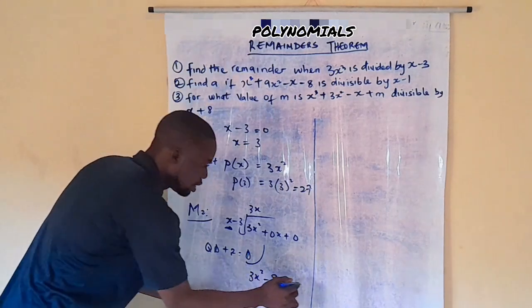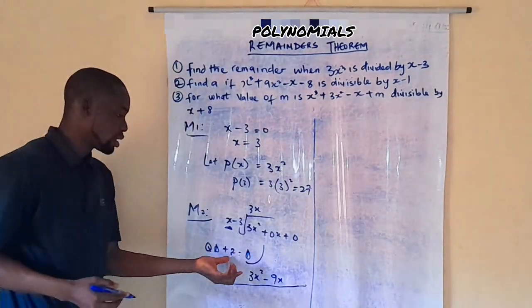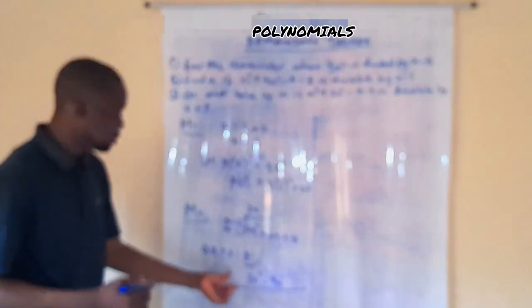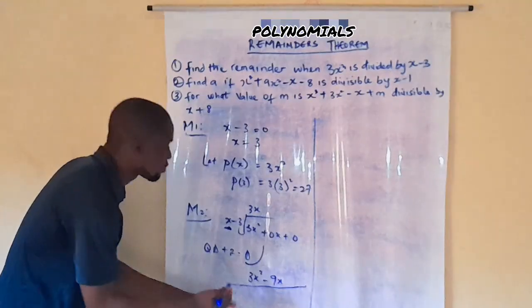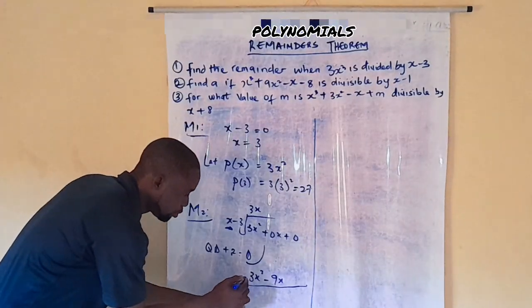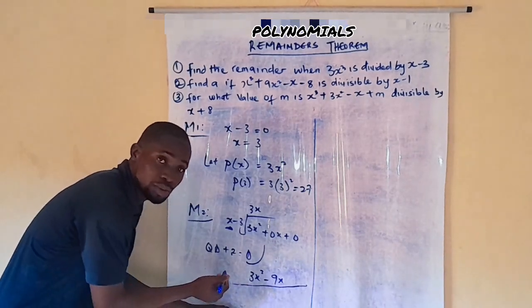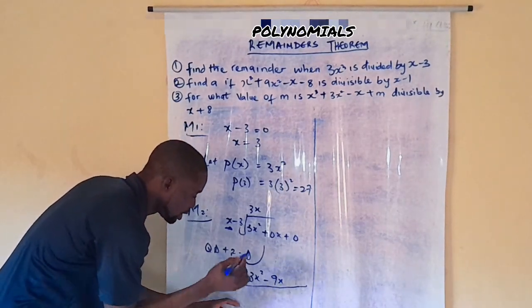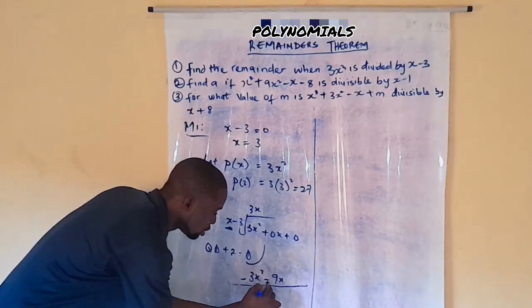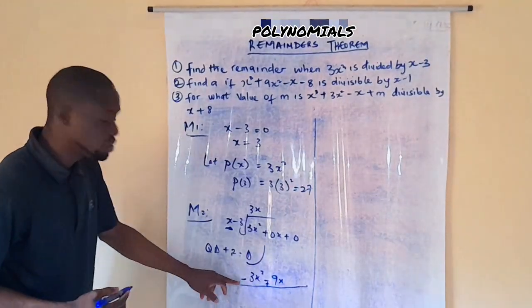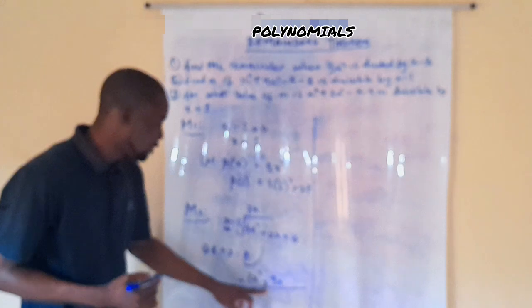In polynomial, when you get to a point like this in using a long division method, is to say subtract. On subtracting, this sign here initially is positive, so it will become negative. This sign here initially is negative, so it will become positive. Automatically, this is my new sign for 3x squared. This is my new sign for 9x.